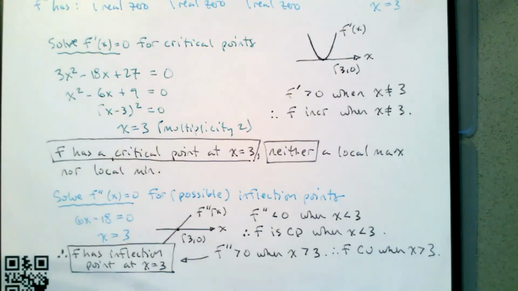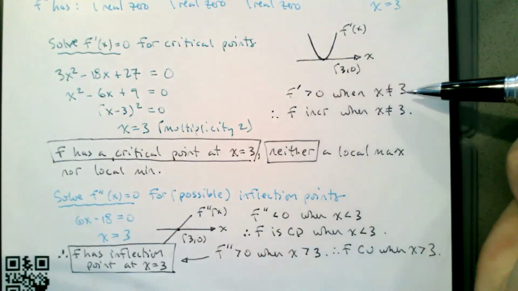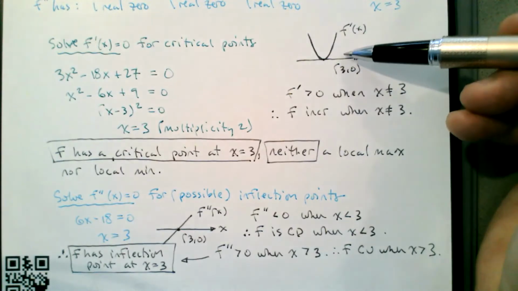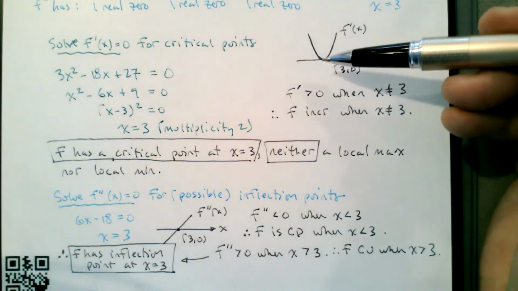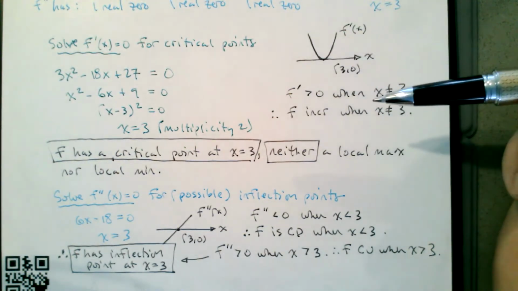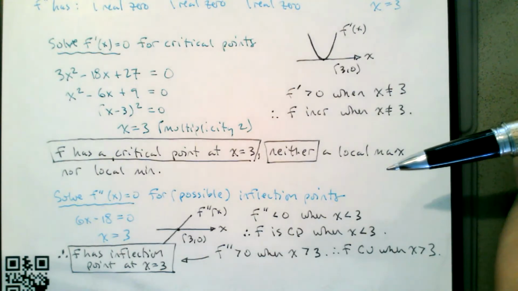And then at the bottom you have f prime of x when x cannot be 3. What does that mean? F prime is positive whenever x is not 3, because the values of the function f prime are always positive, except when x is equal to 3, because then f prime is equal to 0. And then you have f double prime positive.